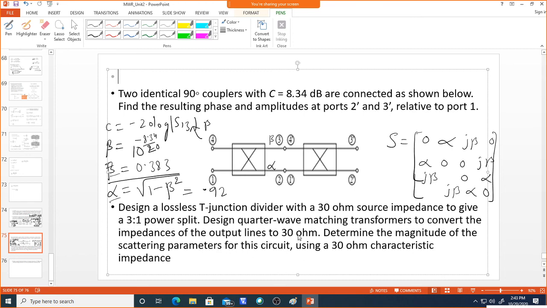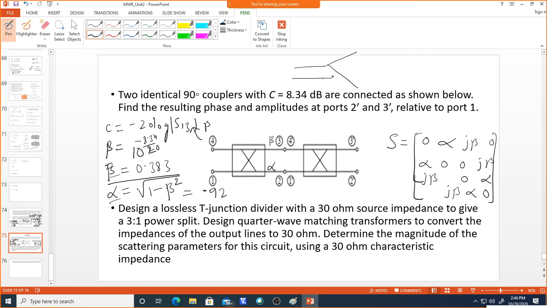Okay, so we will be having the T junction, which is given like this. So here also we will be having 30 ohm impedance, and here we will be having 30 ohm impedance, and also a source impedance of 30 ohm.